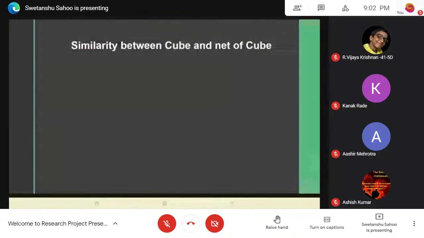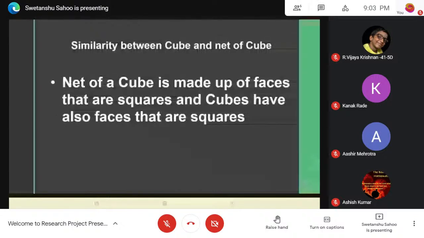Similarity between cube and net of cube. The net of a cube is made up of faces that are squares, and cubes also have faces that are squares.